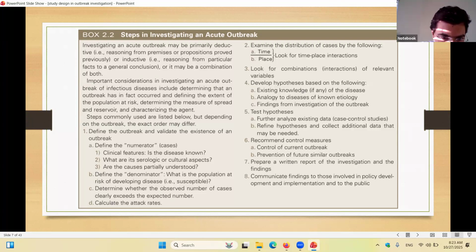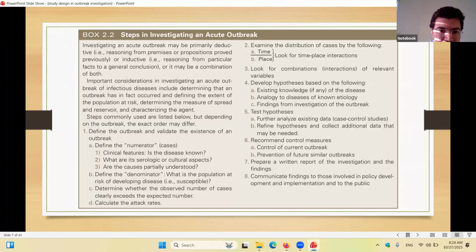C. Determine whether the observed number of cases clearly exceeds the expected number. As I said in the previous slide, I showed you the difference between endemic and epidemic.